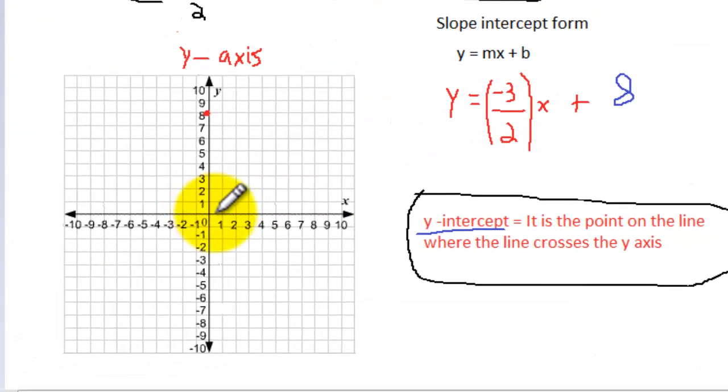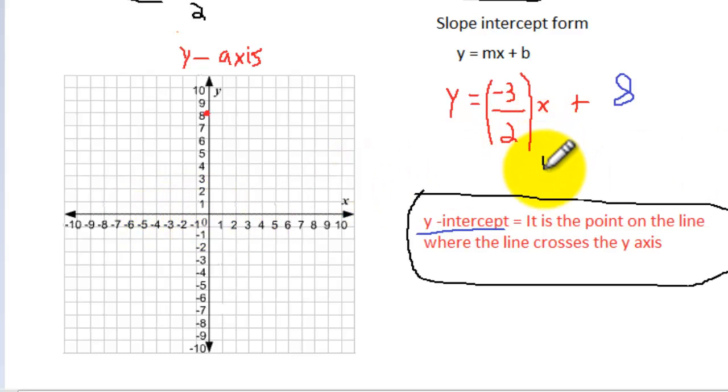I'm going to go over 1, and find out using this equation which number to go to on the y-axis. When I solve for the y, that's when I'm finding out where I'm going on the y-axis. If I solve for x, then I find out where I'm going on the x-axis.